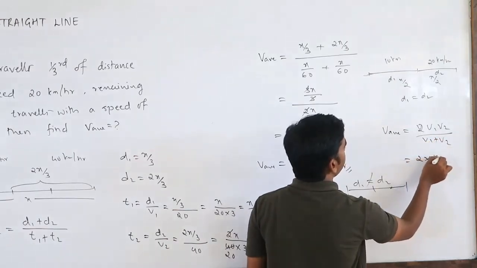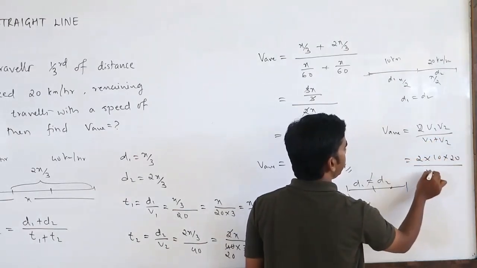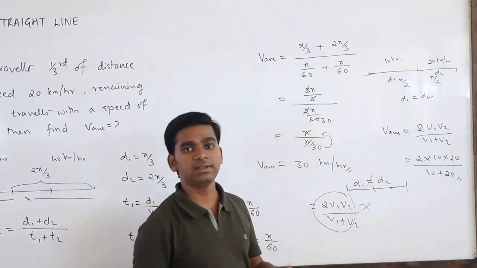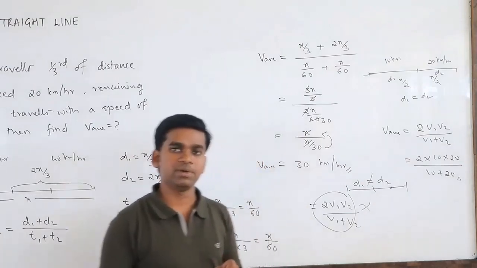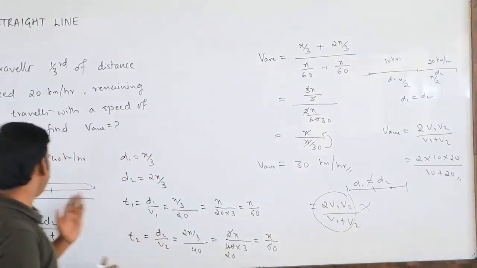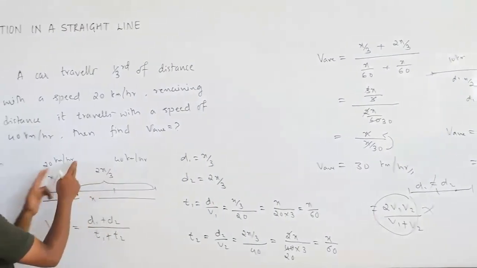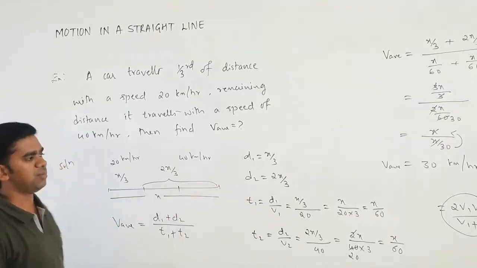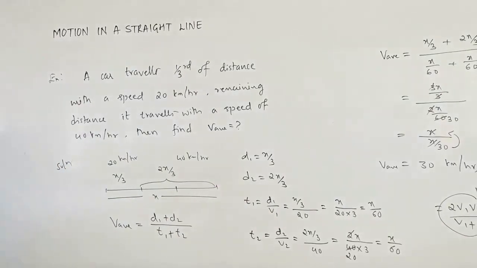So 2 into 10 into 20 divided by 10 plus 20. Okay. So if you simplify this one, you will get that answer. But you have to remember when the distances are equal. Here distances are not the same.